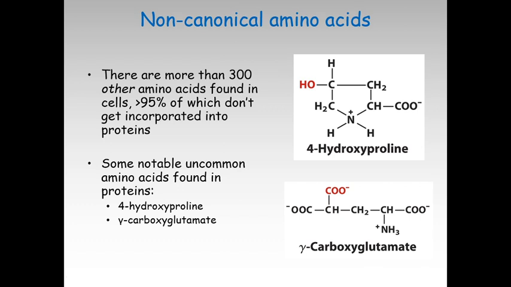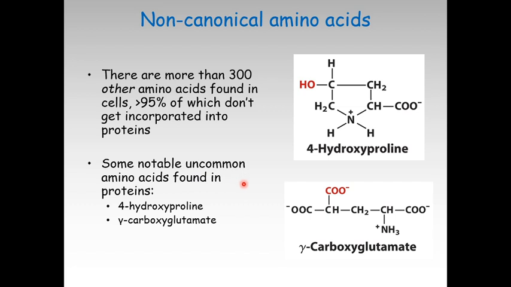In addition to these 20 naturally occurring amino acids, there are non-natural or non-canonical amino acids as well. There are more than 300 other amino acids found in cells, greater than 95% of which don't get incorporated into proteins.